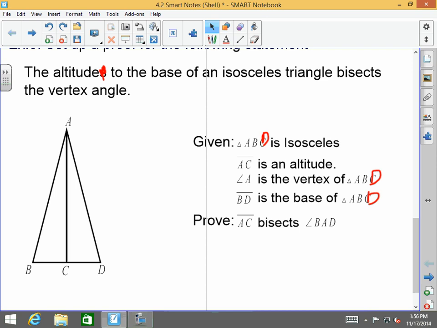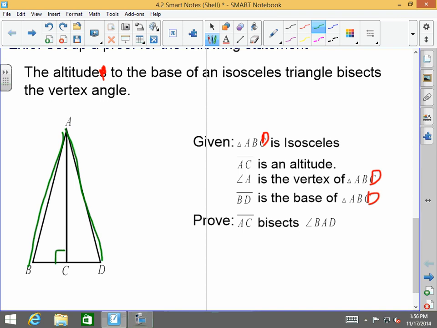Now, for this proof, this was pretty easy. I could draw this out for you pretty easily. You know it's isosceles, so that means AB is congruent to AD. You know that this is an altitude, so that means that's a right angle. That's a right angle. AC is congruent to itself because of reflexive. And you know that AB is congruent to AD because of the definition of an isosceles.